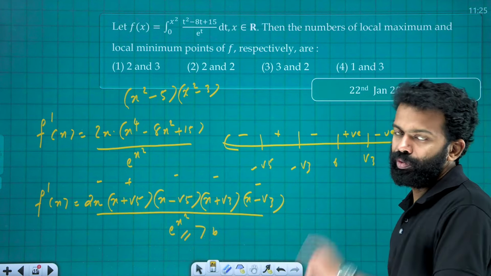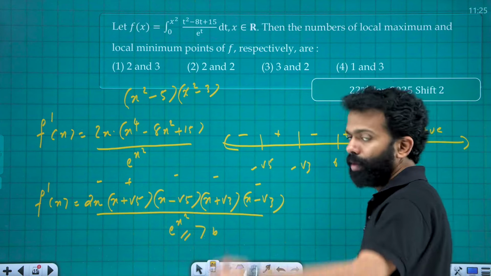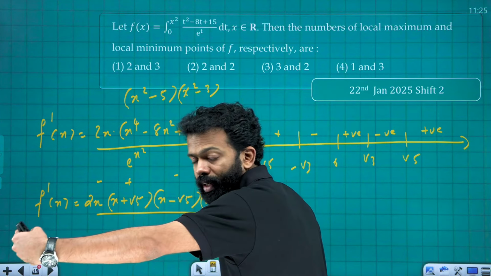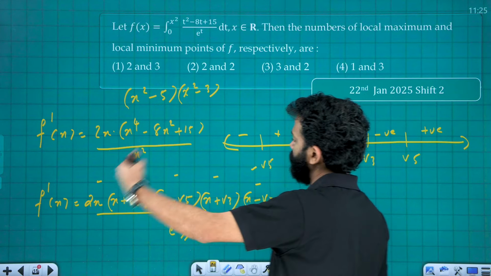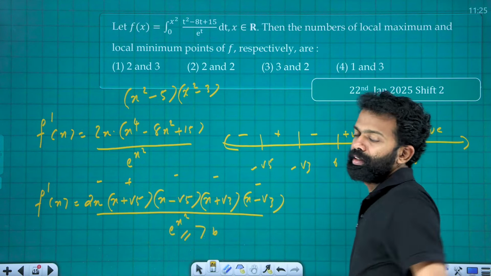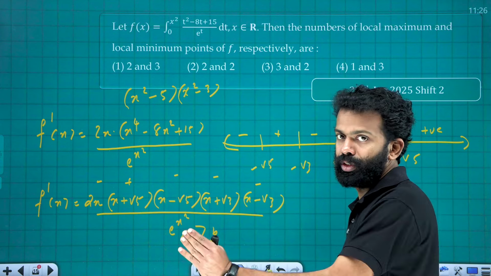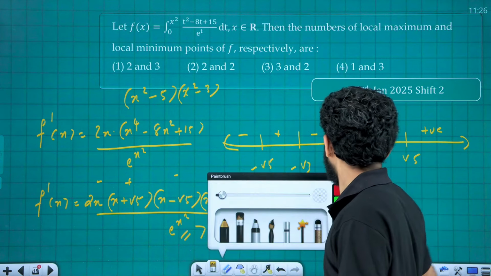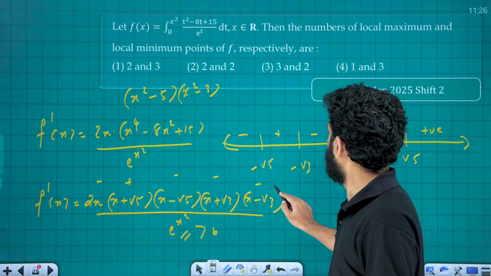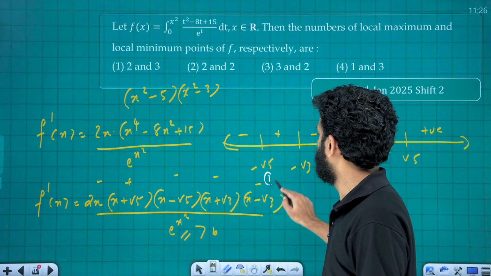Now we need to find the maximum and minimum. With respect to a point, if from the left side to the right side the sign changes from negative to positive, then it is a point of minima. I am going to mark it here, this is one point of minima.